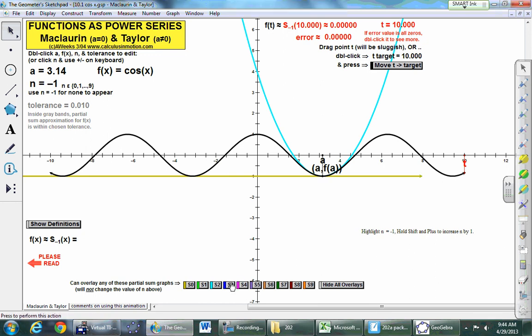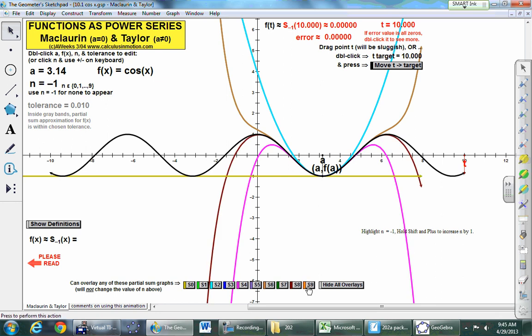What's going to happen when I hit the cubic one? Nothing, because it's 0. Next one is the 4th degree. 5th degree is nothing. 6th degree. 7th is nothing. 8th degree is that one. 9th degree is the same. And so you can see that dark brown one looks quite like the cosine curve for a while. And Chris had asked about error tolerances. And so how long does it look like the cosine curve? So let's hide this stuff here.